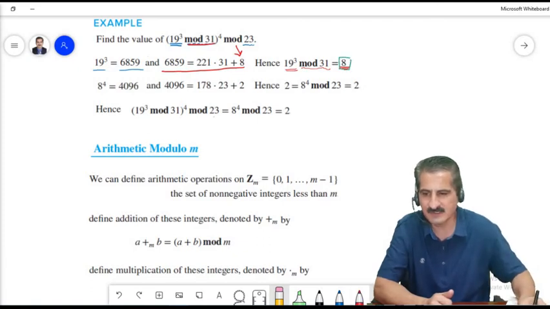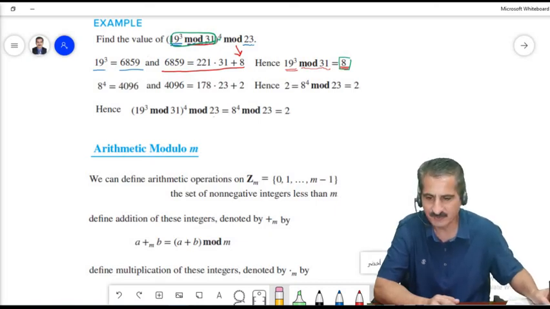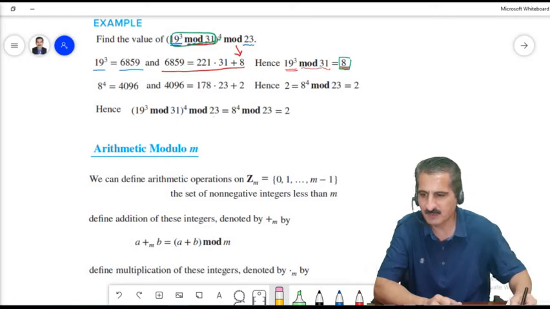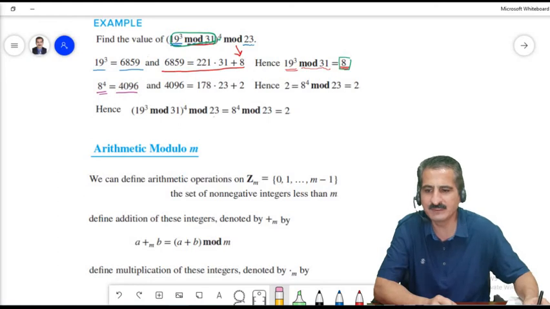This is this part. So this part now, we need to raise it to power 4. So we will go to 8 to power 4, and 8 to power 4 is this number. We will take it modulo 23, so we will divide this number by 23.